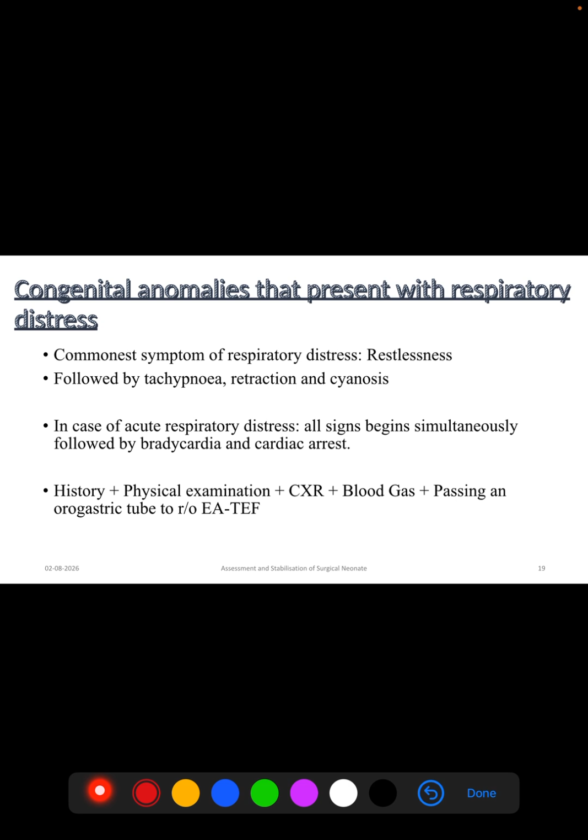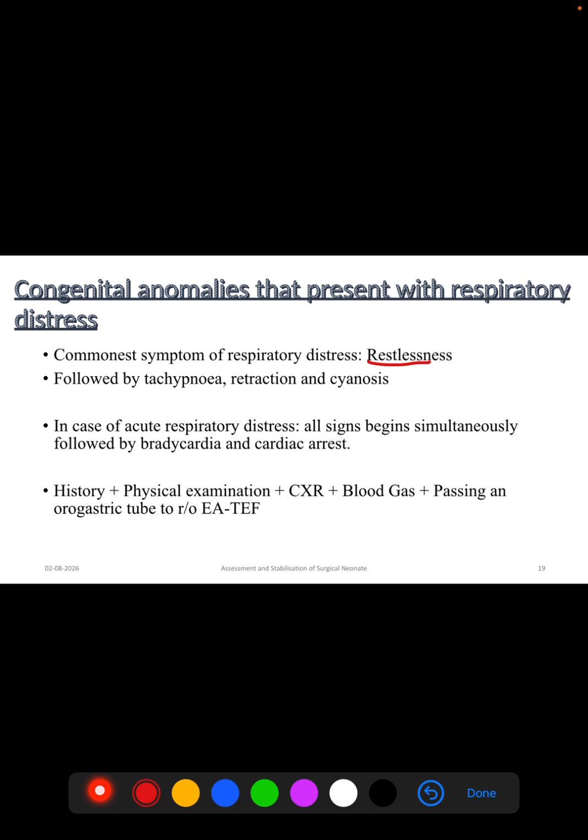Then there are a few congenital anomalies that present with respiratory distress. So what are they? The commonest symptom of respiratory distress is restlessness. The baby will be very irritable, restless, followed by tachypnea, retraction and cyanosis.